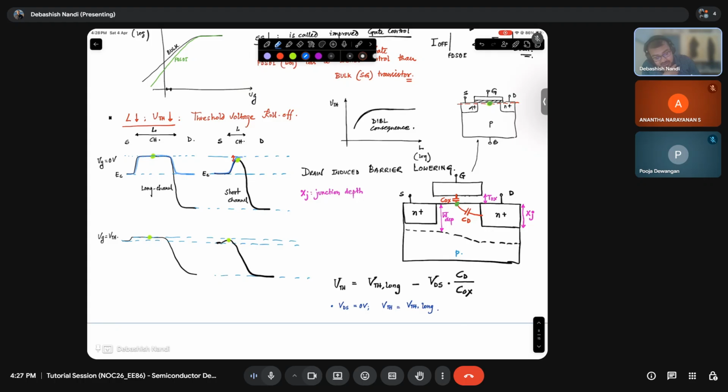Similarly, it will look just like this. Is it okay? That is drain induced barrier lowering, right? There is no drain voltage. So if drain voltage is not present, the barrier height is not lowered, right? That is what we mean. Fine.